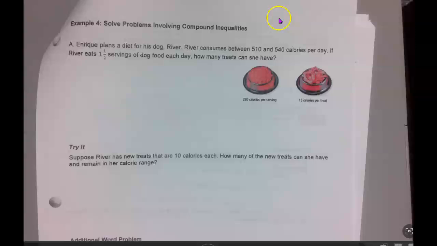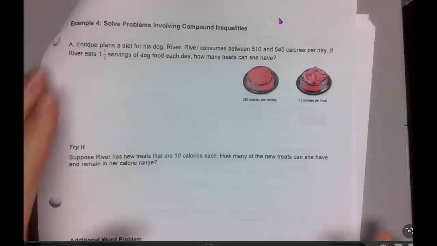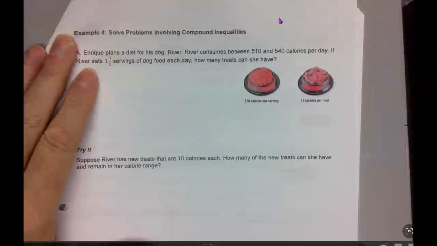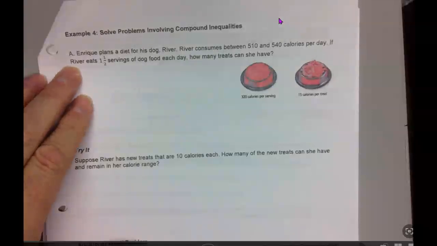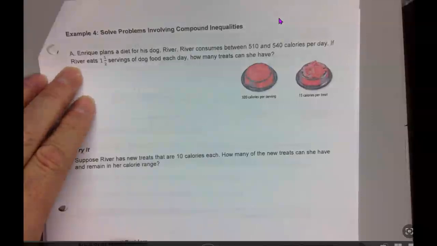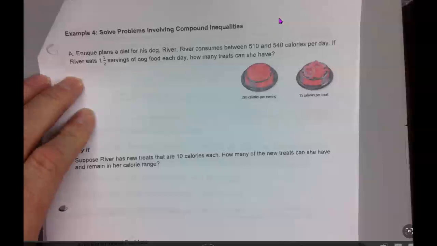Okay, example 4. This is the last example for this one. Example 4. Enrique plans a diet for his dog. River consumes between 510 and 540 calories per day. If River eats 1.5 servings of dog food, how many treats can she have?